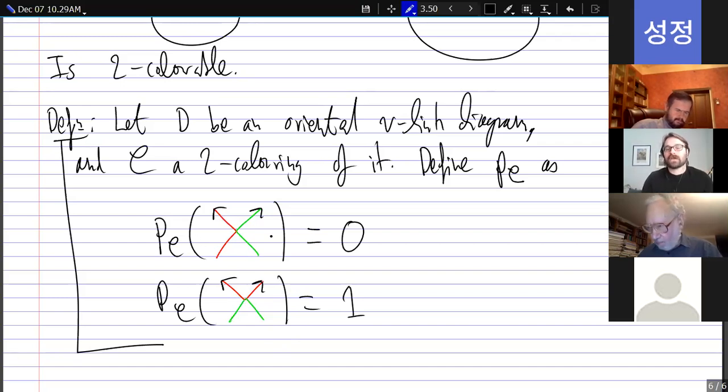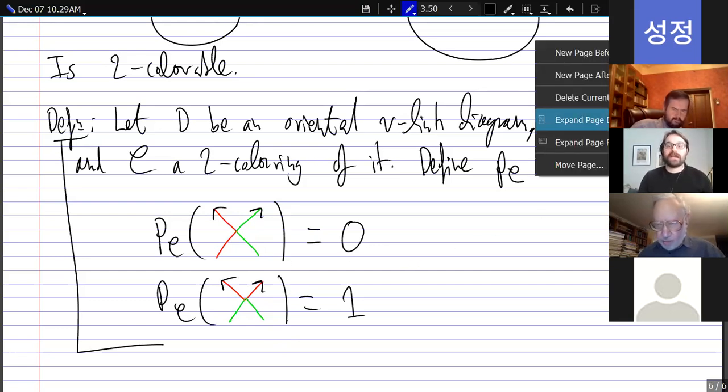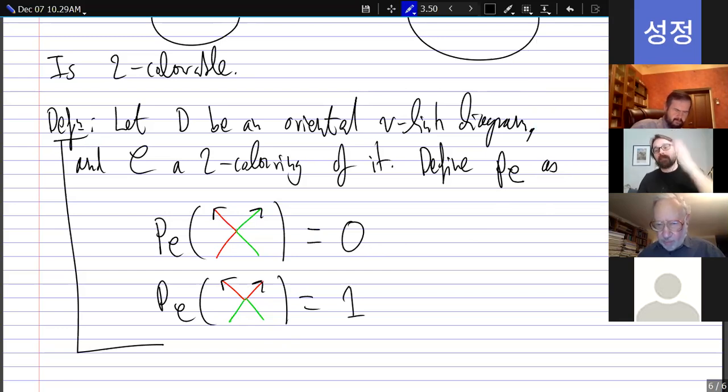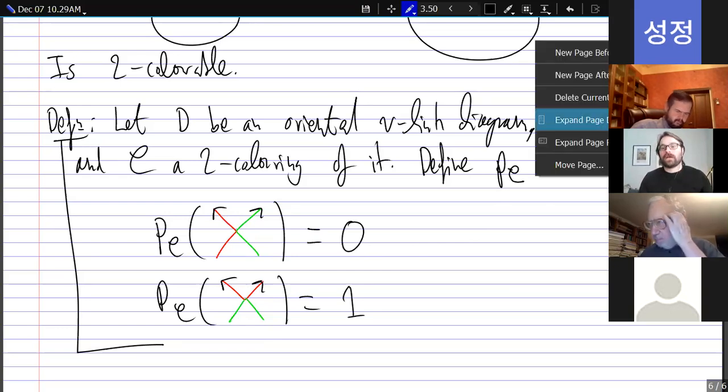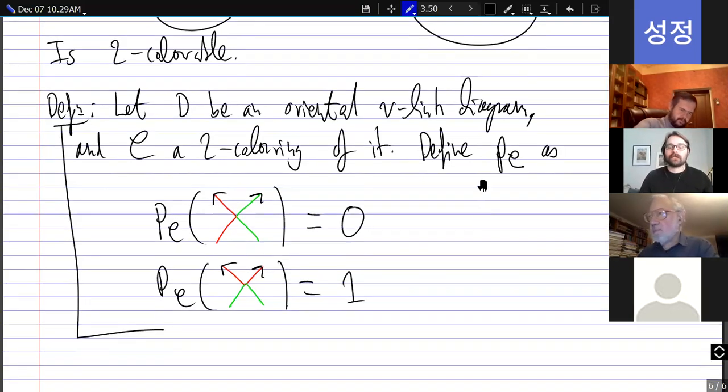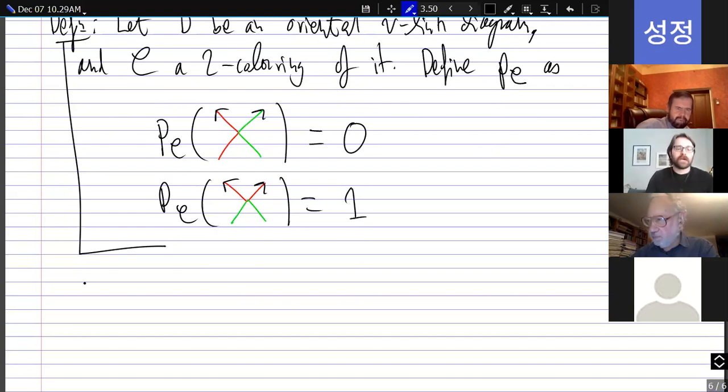So the orientation sort of breaks the symmetry and allows me to distinguish these two things. So at least at this stage, it appears to me that picking an orientation and picking a two coloring are really required. Okay, and so the proposition is that the function P_C is a parity.